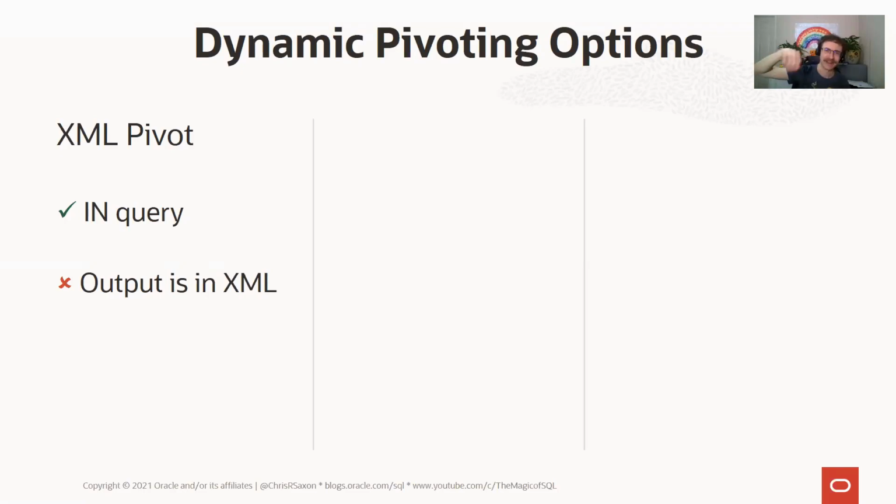And you need to know what they are in order to do something like use XMLTABLE or some other XML conversion routine to turn those into columns. So you kind of need to have run the query that's generating your values to actually get them out. And it's all a bit of a chicken and egg problem.